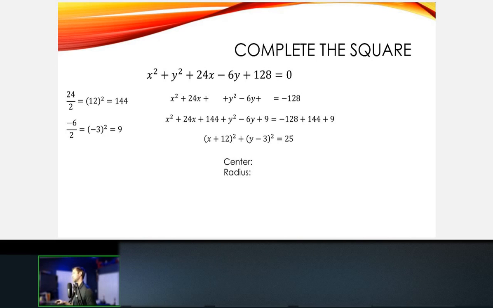I think my work looks pretty good. I did type this yesterday, so it's possible. But yeah, I got -12 comma 3. So remember, show your work. It's not a 6 there. We cut that in half. It becomes -3. So that's the number that goes there.